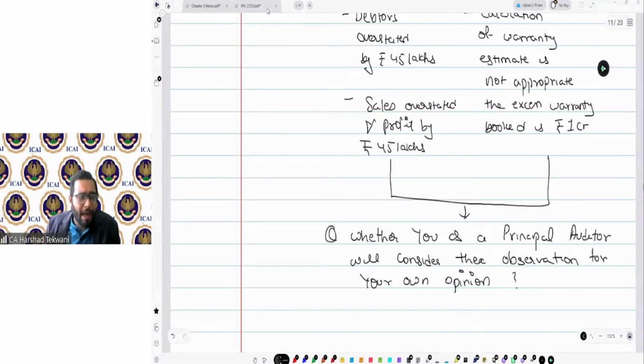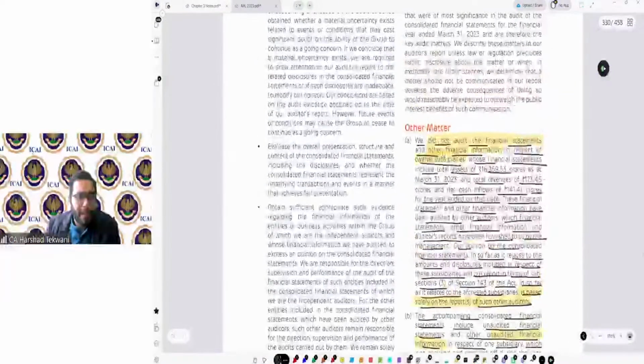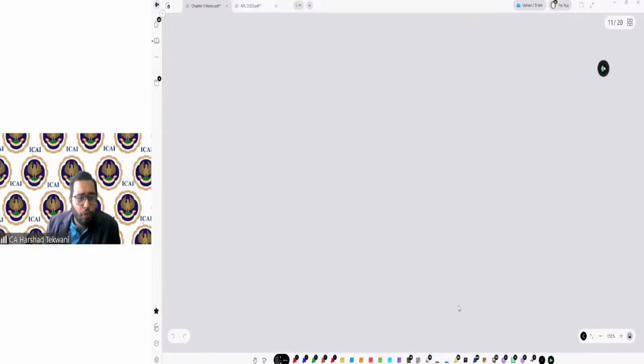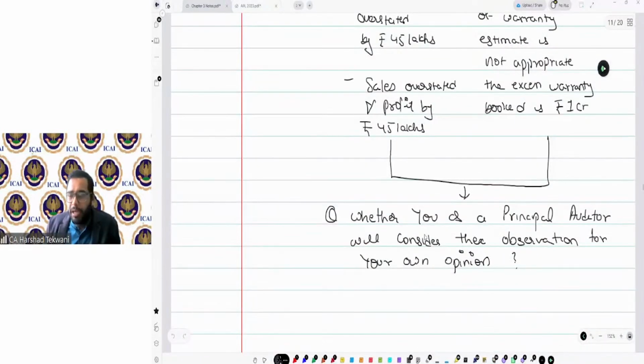Because in the audit report I saw the words mentioned: we did not audit the financial statements and we have relied solely on the reports of such other auditor. So will you consider these observations in your opinion?